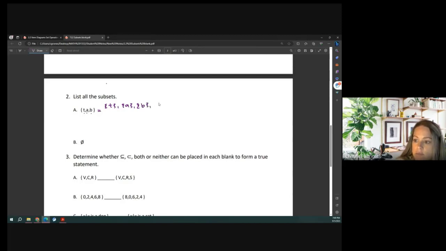We can split it up further with 2 letters: T and A, T and B, and then A, B. And then we can have the original set. And then we can also have the empty set. You can represent the empty set using the empty brackets, or you can use the null symbol. Don't do both though.